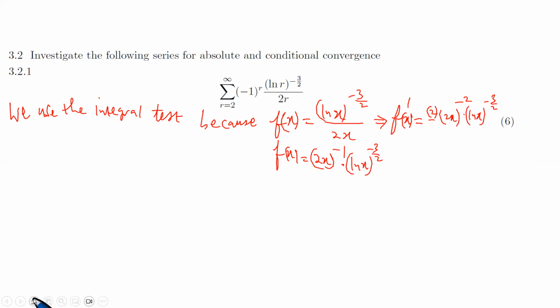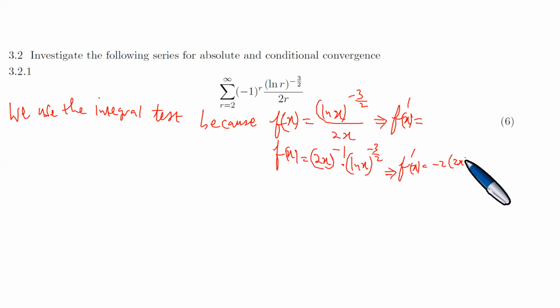Let me write properly. So I just find the derivative of this function. What is the derivative of this function, which is f prime? We can find first the derivative of this one, and then 2. So it's going to be minus, and then it's going to be minus 2 here.